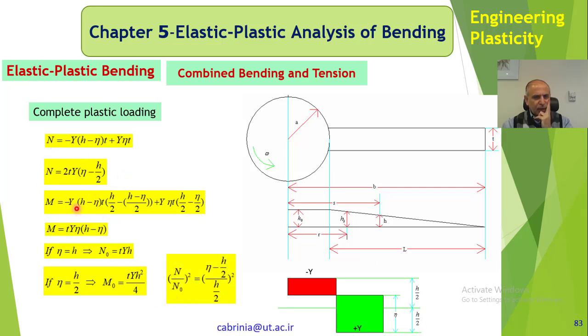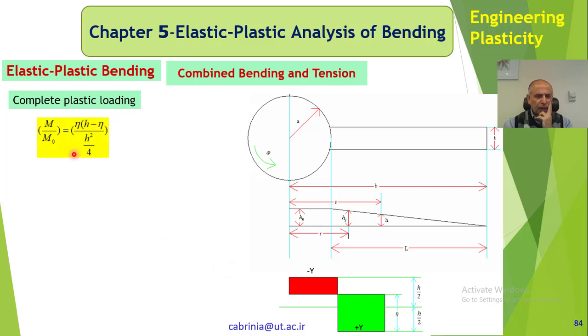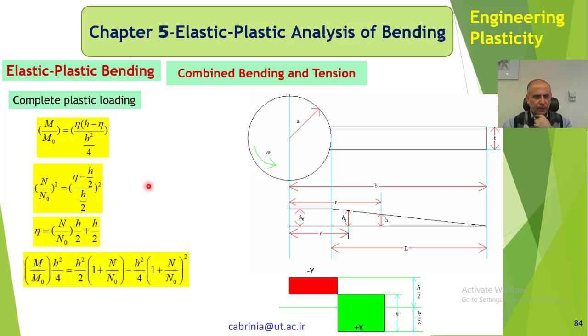And therefore, using this relationship between N0, N, and M, we could reach a relationship like that: N over N0 squared becomes that, and M over M0 becomes that. These two relationships we can have, and we can obtain eta from here and substitute it here, because eta is not known.